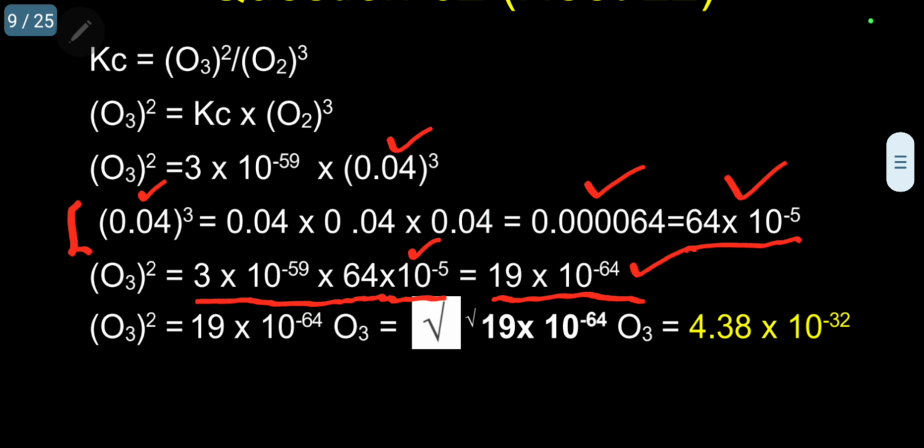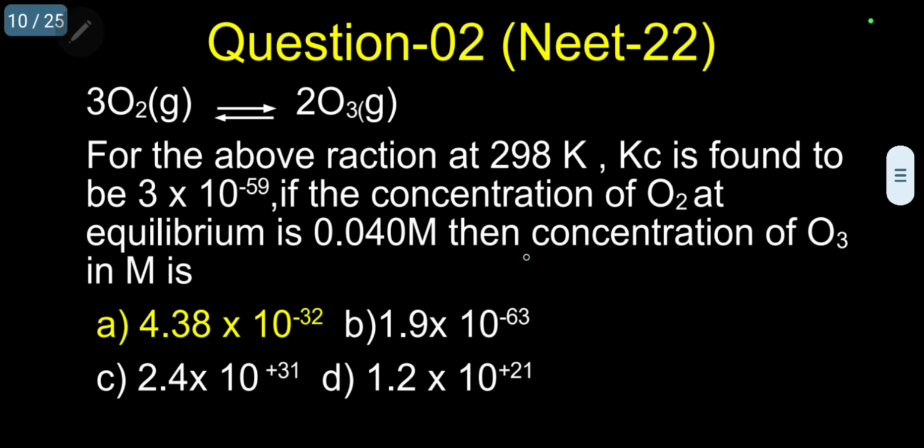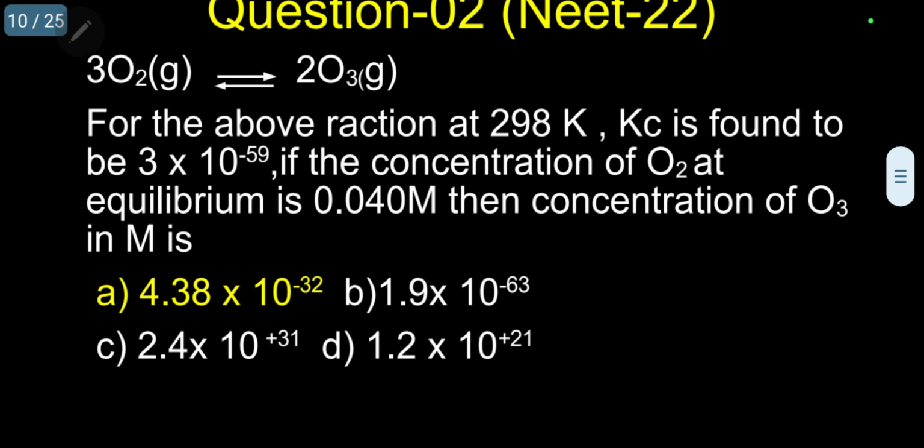Then we have to take the square root for O3. So the square root of 19 into 10 to the power of minus 64 is equal to the O3 value, 4.38 into 10 to the power of minus 32. So it is only a simple mathematical calculation, students should not omit it. So the correct answer is A, 4.38 into 10 to the power of minus 32.